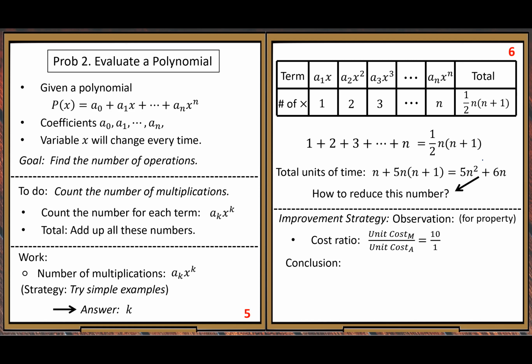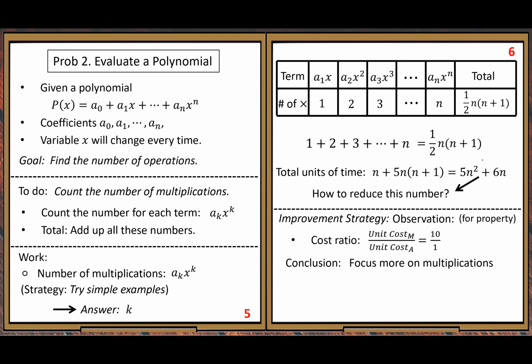One multiplication equals 10 addition reductions. So when you have limited investment to put into this algorithm improvement, you should put it into multiplication reduction, because the gain is bigger. Cost-wise, it's a better decision.